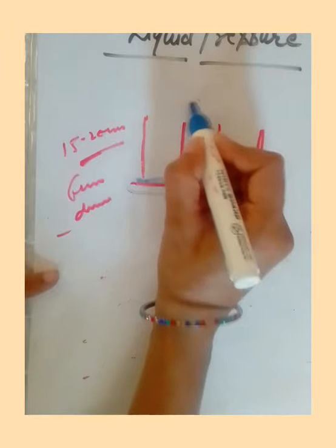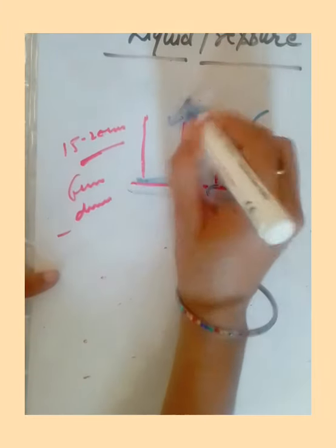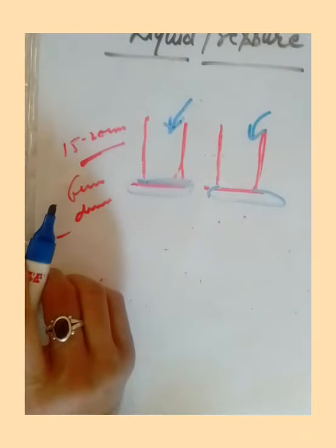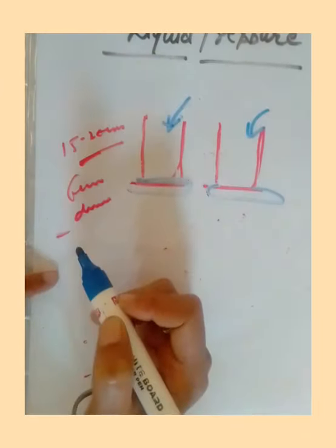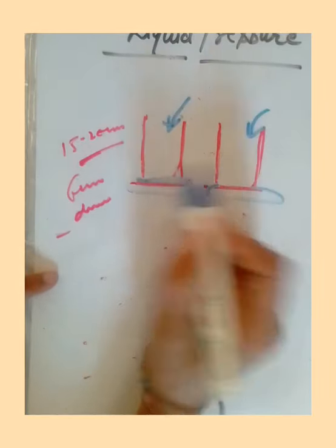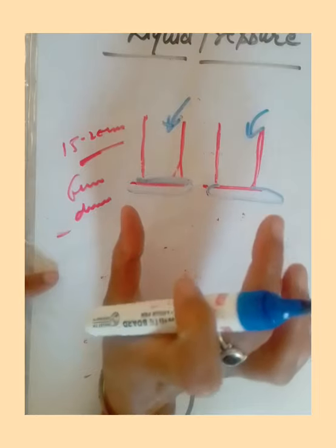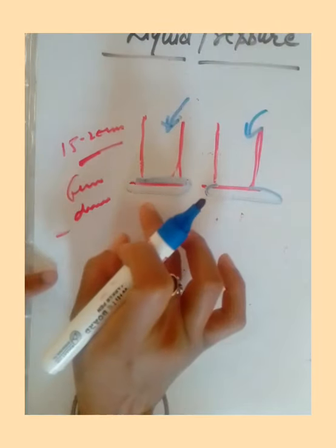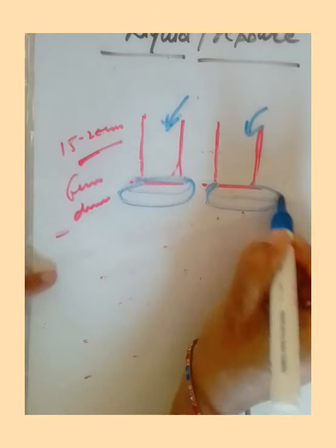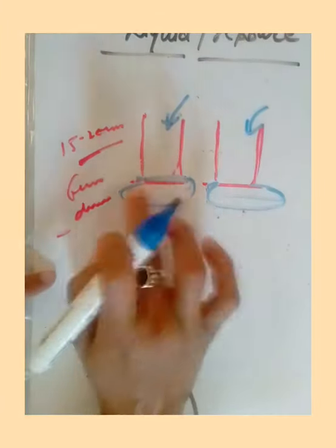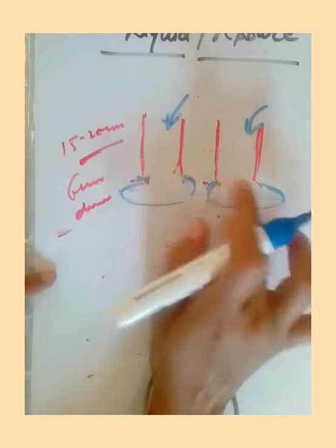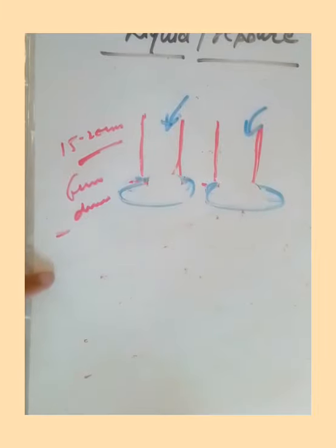Now pour some water, an equal amount of water, in both the pipes in the vertical position. When you pour the same amount of water, you will see the bulge in the balloons. The balloon will start bulging. That bulge is because of this liquid pressure.